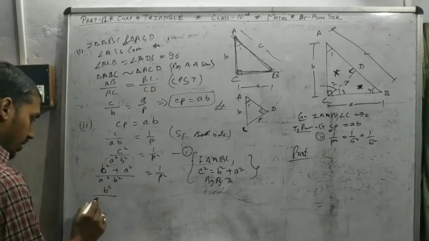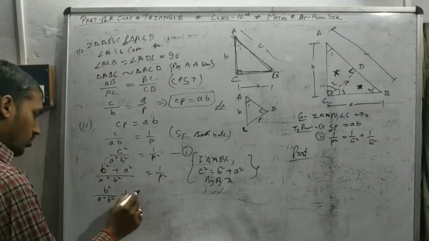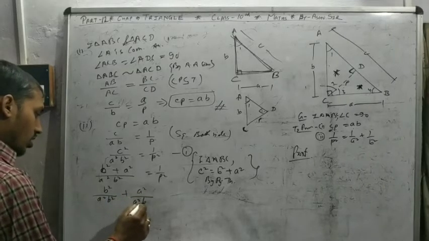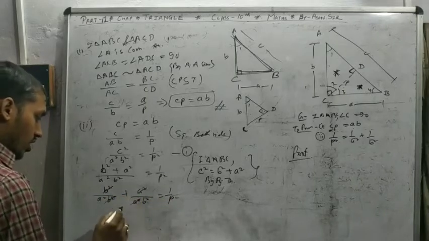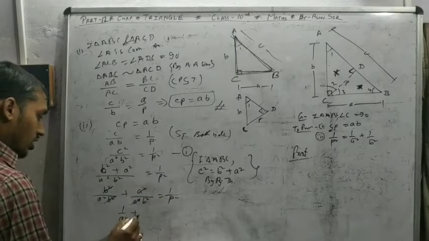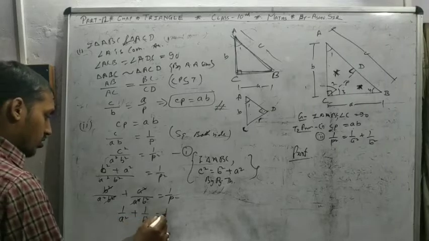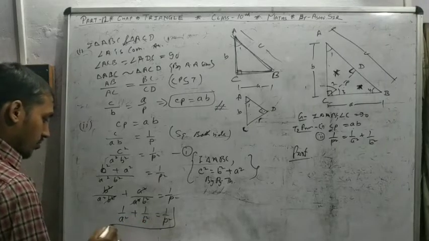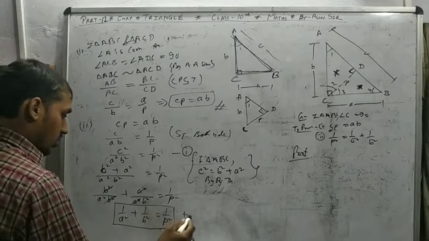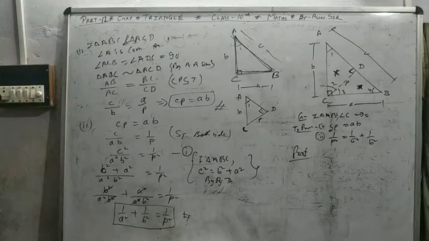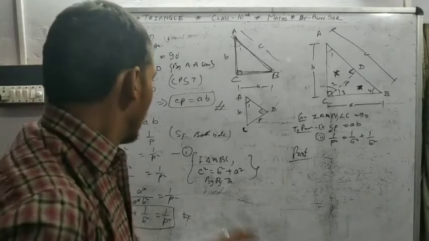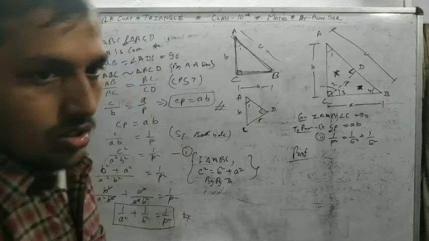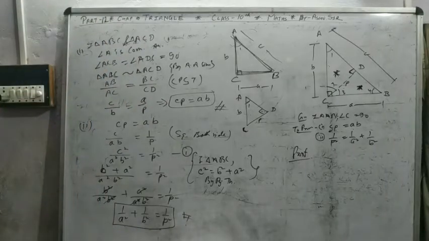So separate them: A square B square, A square B square, B square cancel, A square cancel. 1 upon A square plus 1 upon B square equals 1 upon P square. Okay, I hope you understand the concept used here and here. Pause the video.